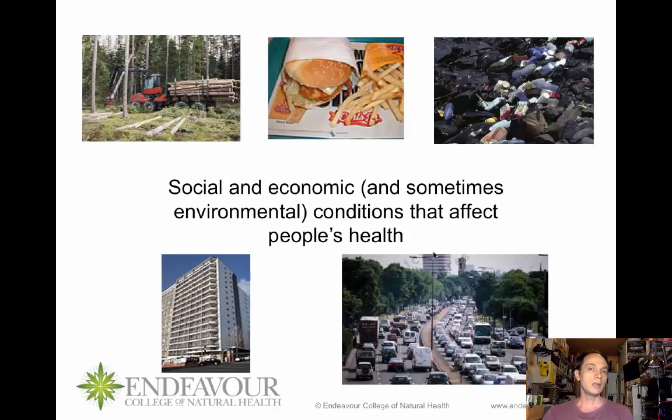So as well as the social and economic aspects of health, we have obviously environmental factors as well. We certainly know with things like coal-fired power stations that they release things like mercury. And mercury then accumulates in the oceans and the fish, and then we eat the mercury. And then there's potential health consequences for us.